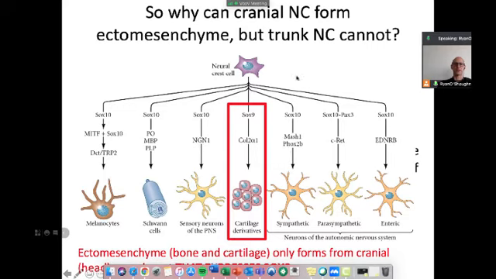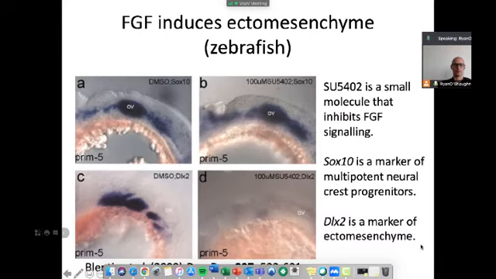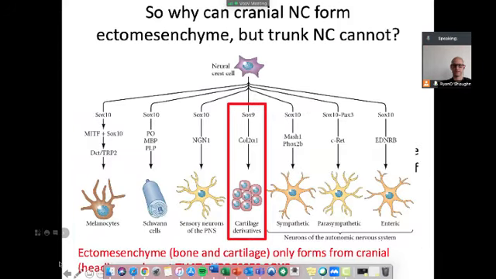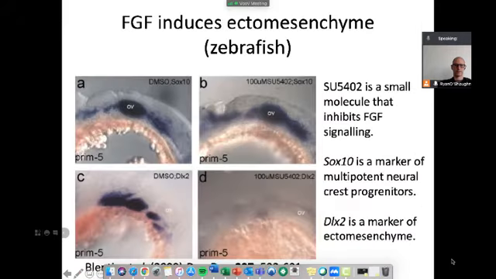Neural crest cells can only become ectomesenchyme when they express SOX9 and then express collagen 2A1. So how do we produce this ectomesenchyme? It's not just the expression of SOX10.